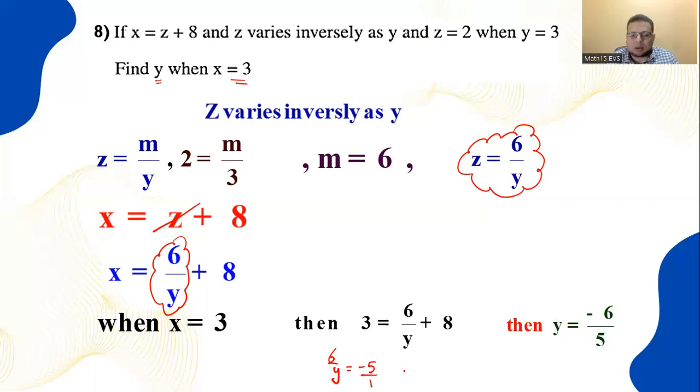You can use cross multiplication. Y equals 6 times 1 divided by negative 5. So you will get 6 over negative 5. You can put the negative up or down or beside the fraction, so that will be negative 6 over 5.